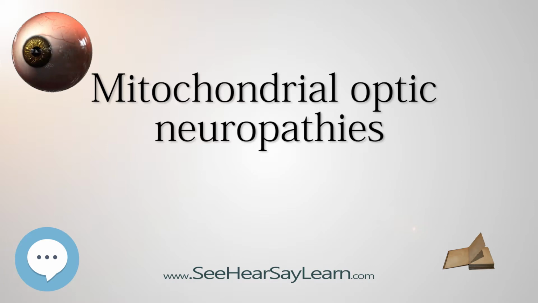Combined mitochondrial optic neuropathies. Tobacco alcohol amblyopia, TAA. TAA is an old term for a constellation of elements that can lead to a mitochondrial optic neuropathy. The classic patient is a man with a history of heavy alcohol and tobacco consumption.